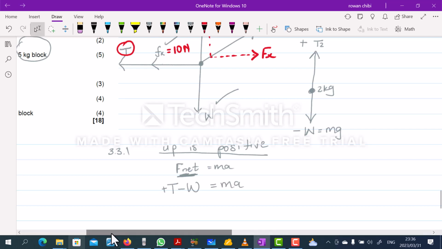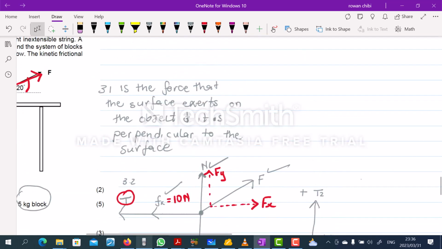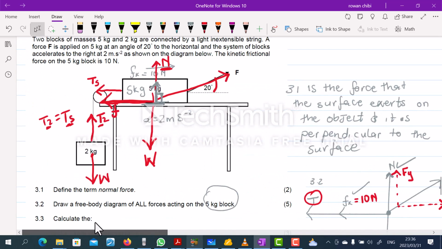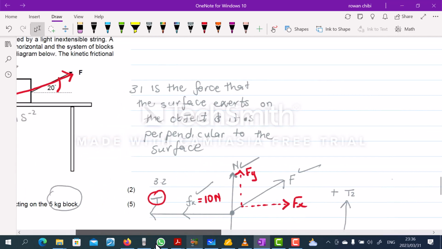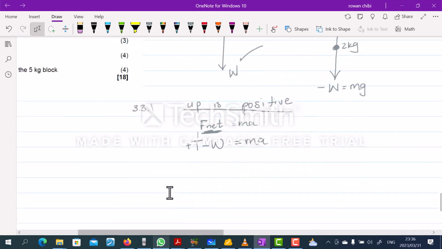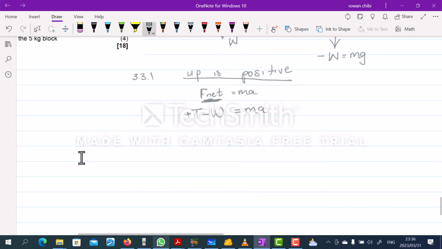Remember, they gave us the acceleration. They say the acceleration is 2 meters per second squared. So we do have the acceleration. So we want now the tension. The weight is mg.